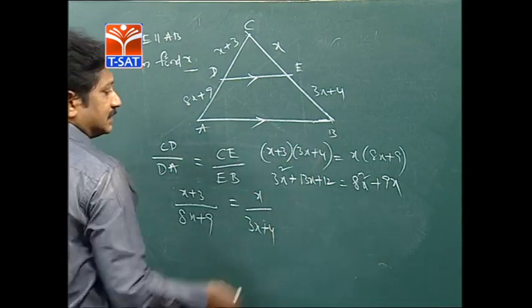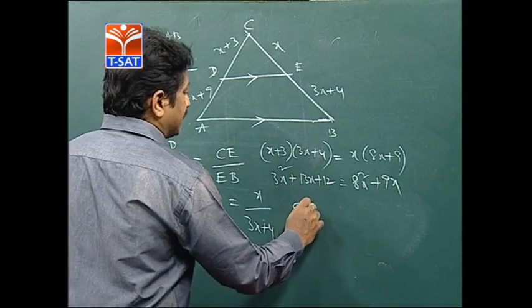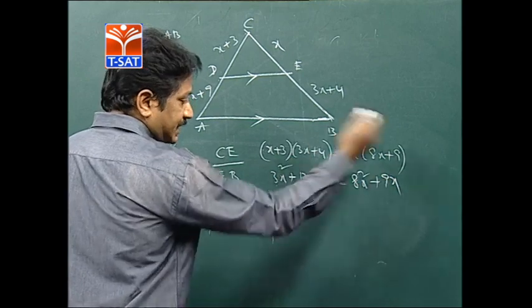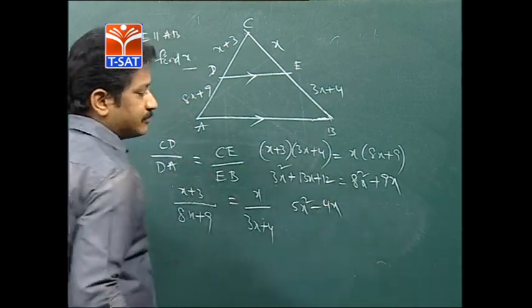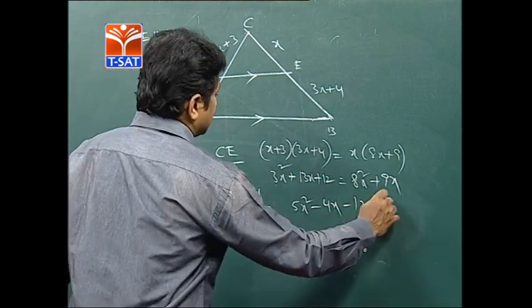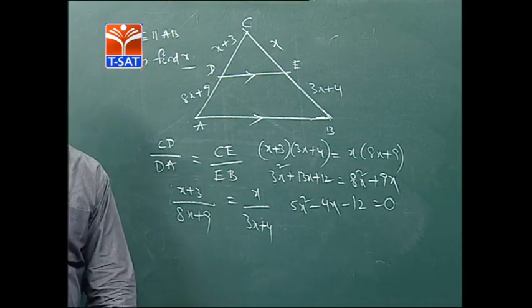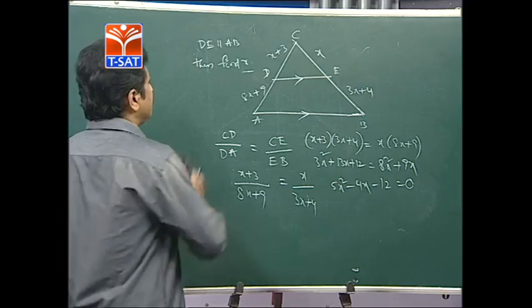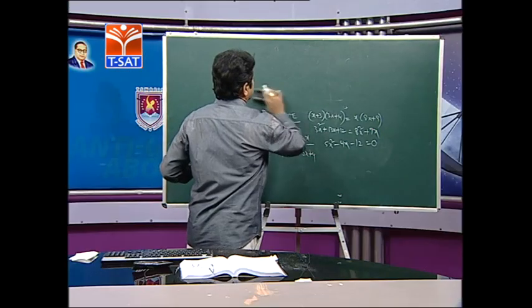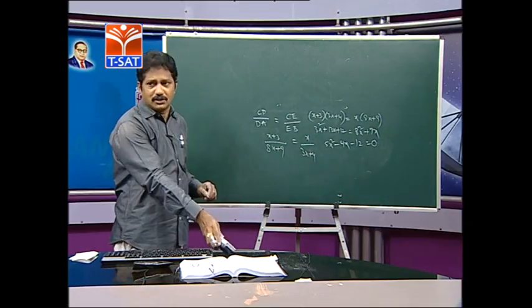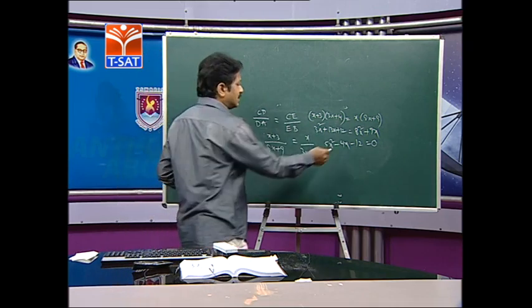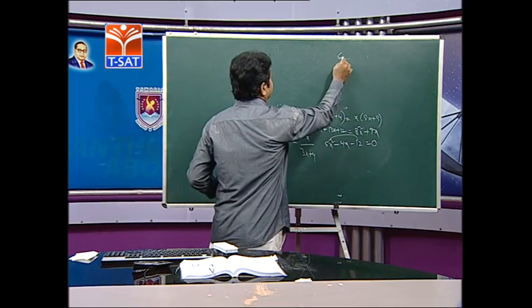Send that to the other side: 5x square, 13x minus 9x gives minus 4x, minus 12 equal to 0. So 5x square minus 4x minus 12 equal to 0. It is simply a quadratic equation, correct? You have to solve it. Or do you know how to solve quadratic equations? So, 12 fives are 60.